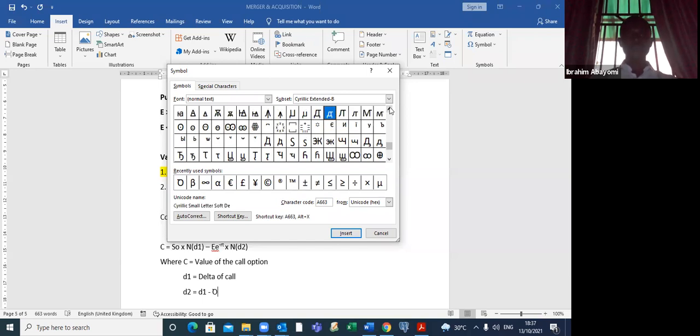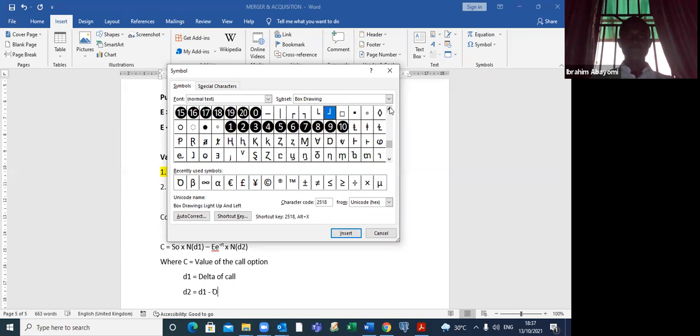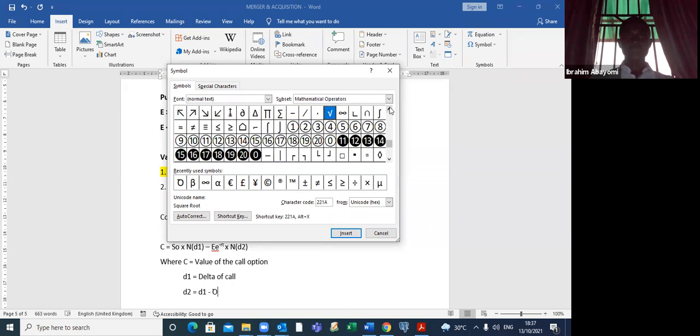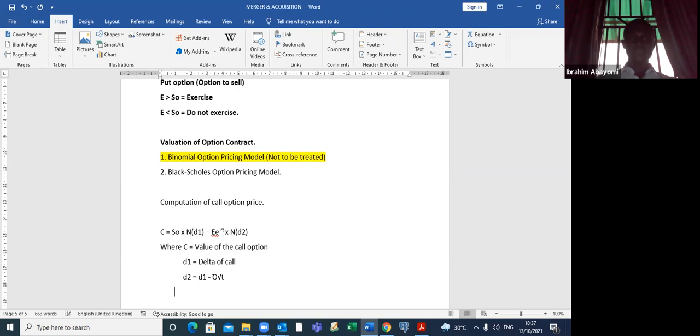What's wrong with these people? Show square roots. I don't want to start drawing. Okay, this square root is correct. Standard deviation root of t. That is our D2.